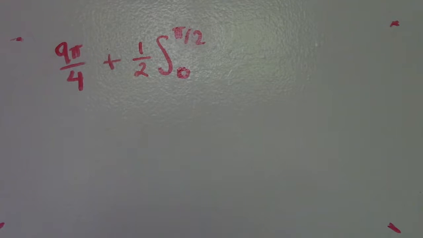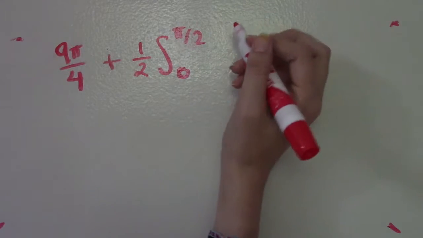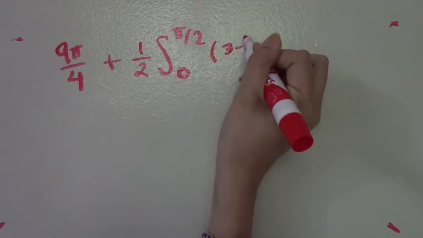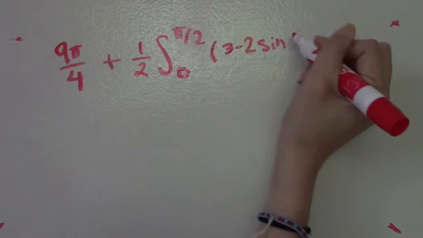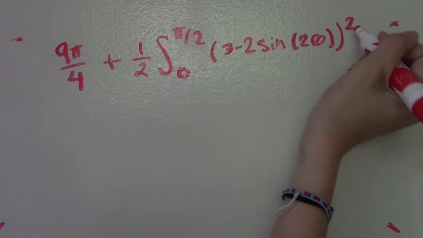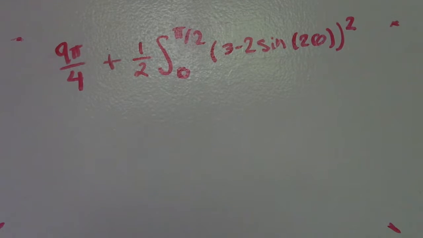Then, since we're only looking at the part that's inside the 3 minus 2 sine 2 theta function, we're going to square that function. So 3 minus 2 sine 2 theta squared d theta.